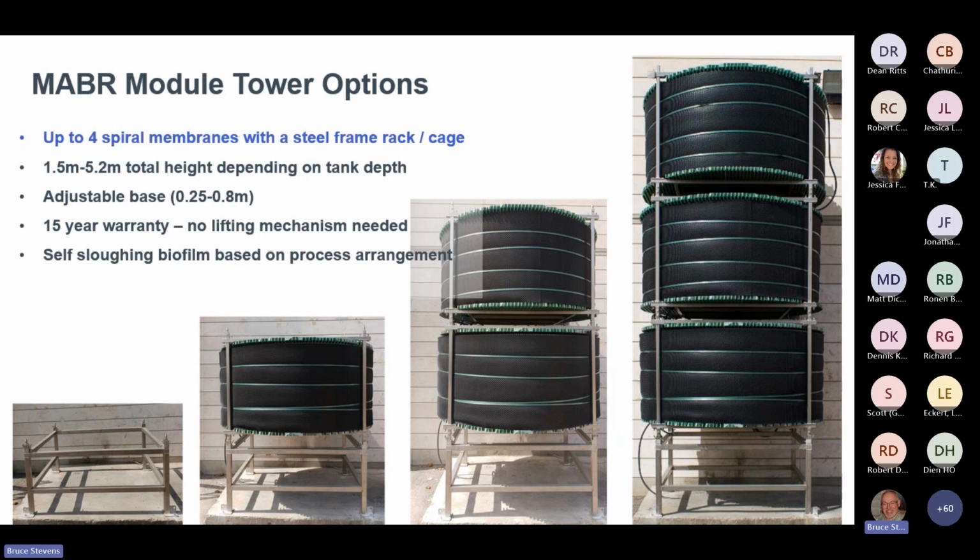Shallow activated sludge might be 10, 11, 12 feet deep, and we can stick 3 towers in there. In a bigger, deeper tank, which is 15, 16 feet side water depth, we can put 4 on top of those. So this has been the workhorse that we've been using for the last 10, 12 years.